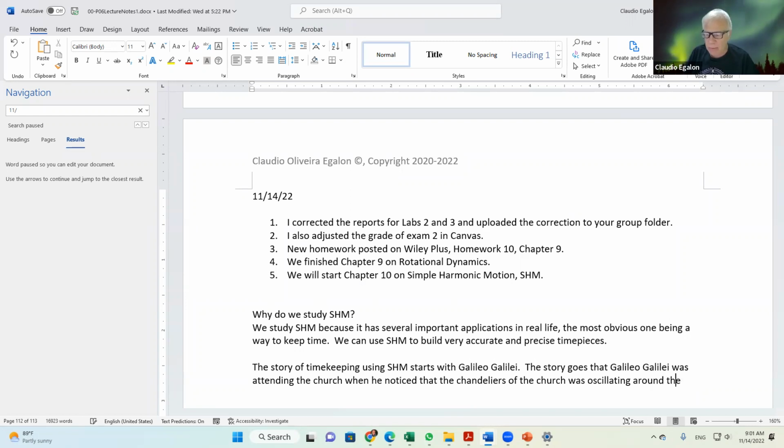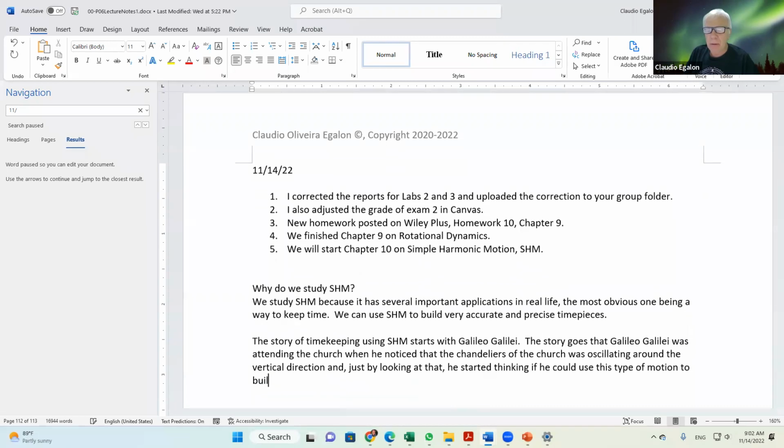Oscillating around the vertical direction. And just by looking at that, he started thinking if he could use this type of motion to build a timekeeping device.